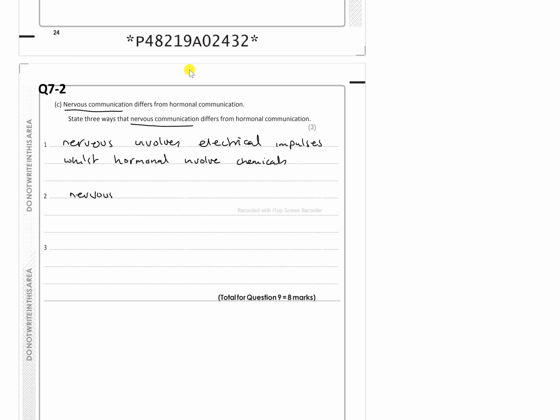Nervous is short and quick. Hormonal is slow and long lasting. Longer lasting.